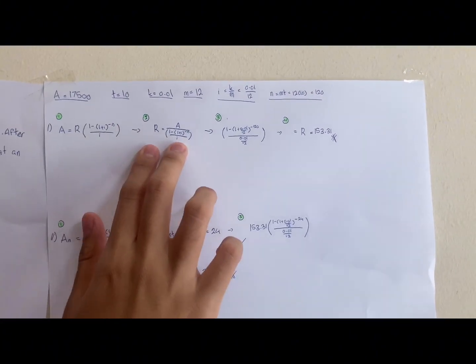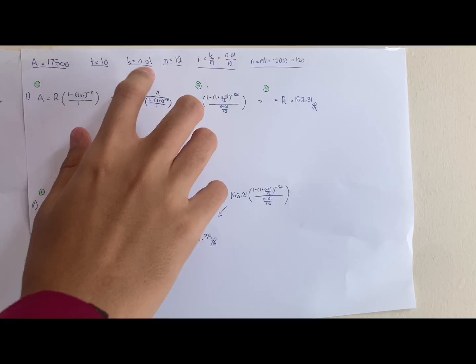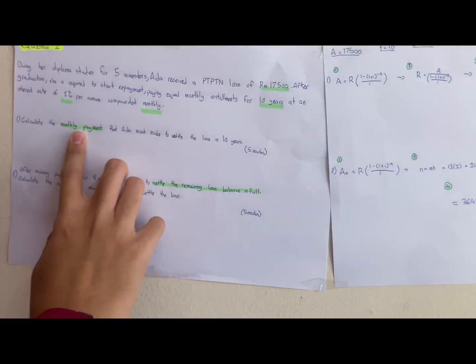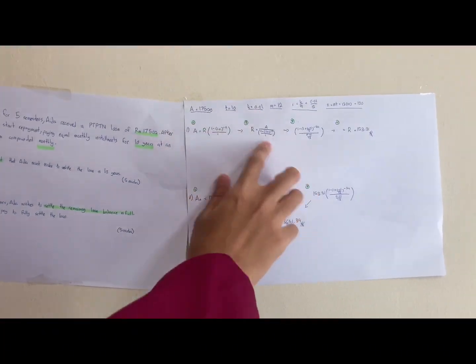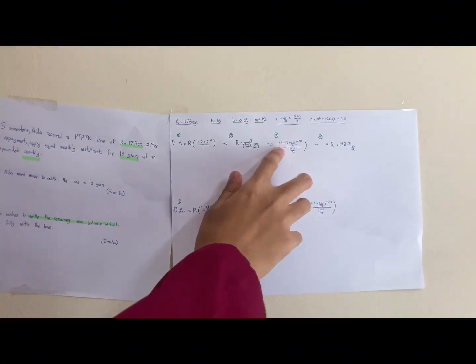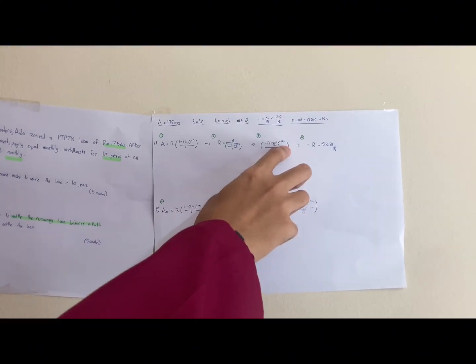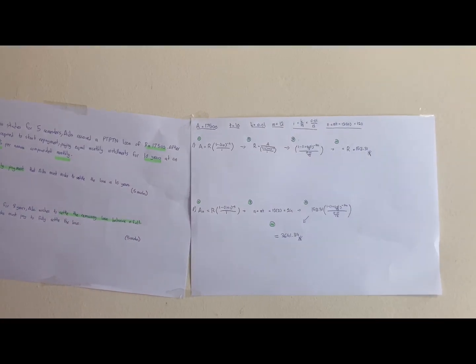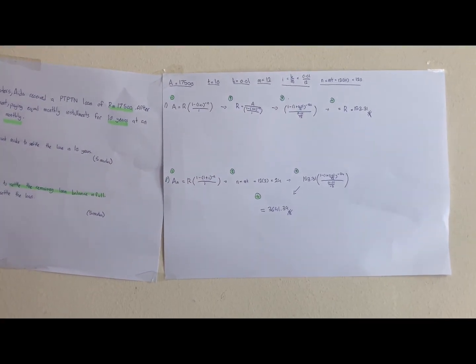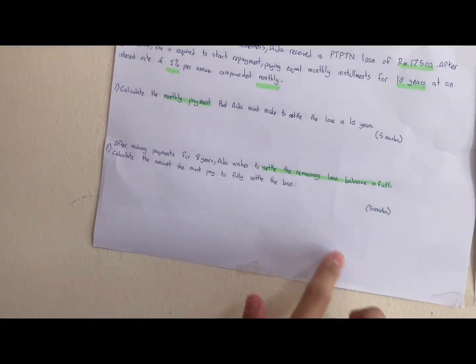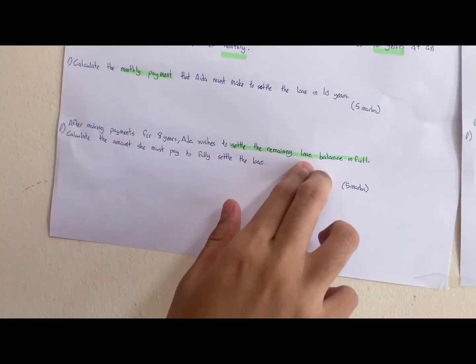We put R at the front because he asked for the monthly payment. So after we do this, just change the formula to the number. After all, you use the calculator and you will get the answer, which is R equals to 153.31.